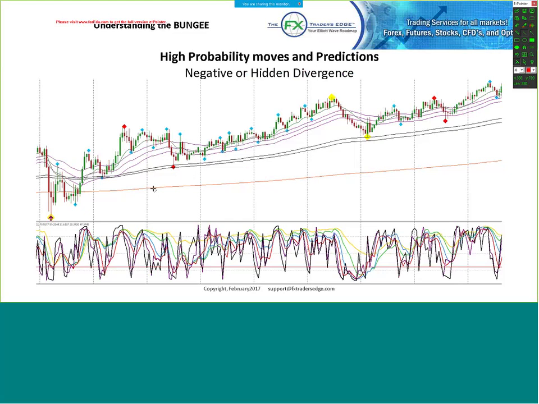So what I'd like you to look at is this spike down here compared with previous.